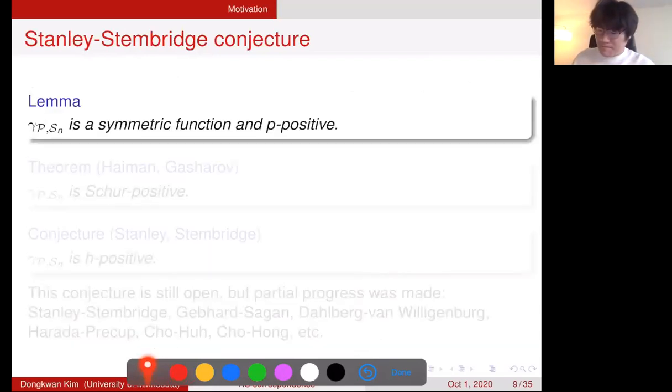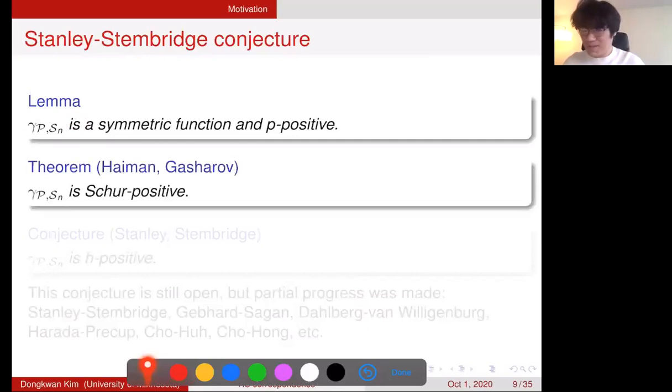So what is easy to prove is that this is a symmetric function and P positive. A little technical, actually very technical, is that this function is Schur positive. So this is a character of some real representation of Sn.